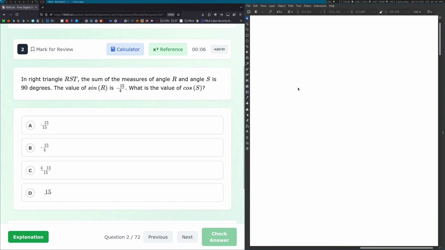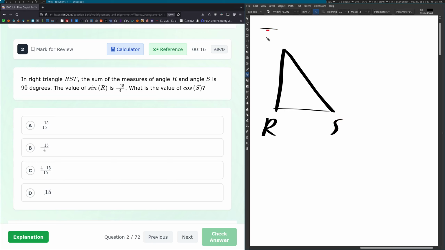Okay, let's do this one. In right triangle RST, the sum of the measures R and S is 90 degrees. Okay, so that means I have to change this drawing a little bit.